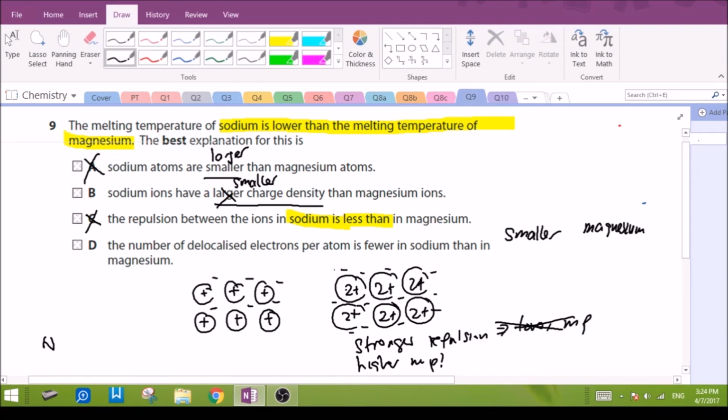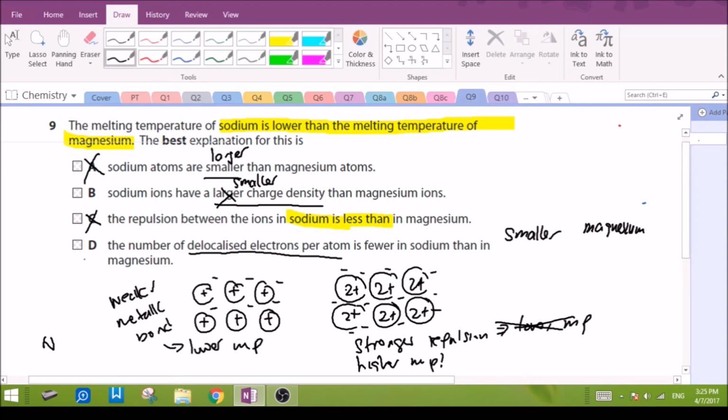So the sea of delocalized electrons is what's holding the ions together. It's what's preventing them from repelling each other away. So the more delocalized electrons you have, the stronger your metallic bonding. Since sodium has fewer delocalized electrons per atom, it has weaker metallic bonding, and therefore a lower melting point.